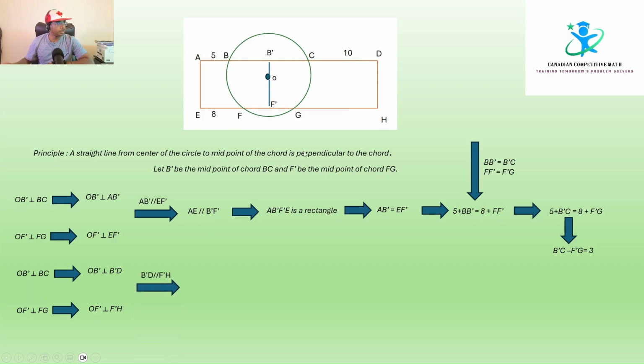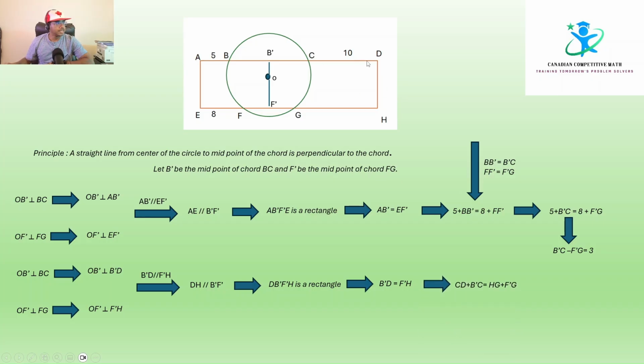What follows from that? Since B'D and F'H are parallel, OB' is perpendicular to B'D and OF' is perpendicular to F'H, we can write that DH is parallel to B'F' and DB'F'H is a rectangle. Which means B'D equals F'H.